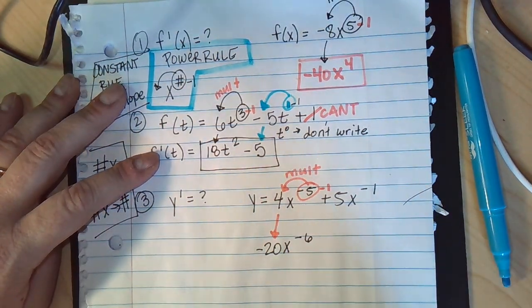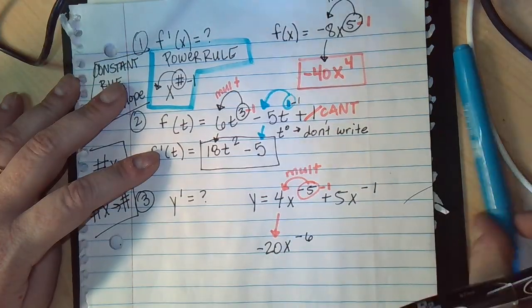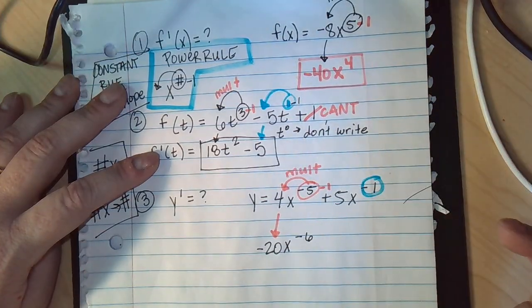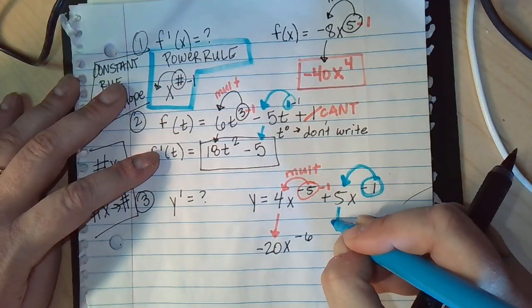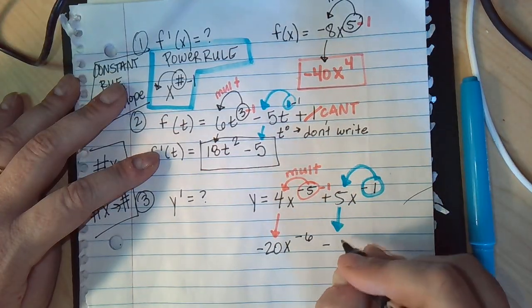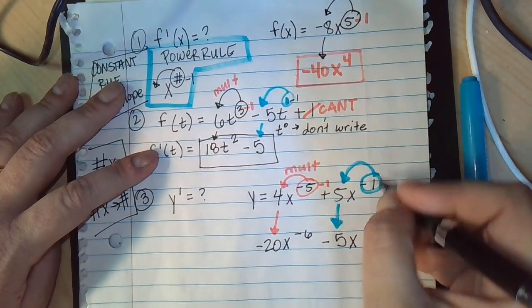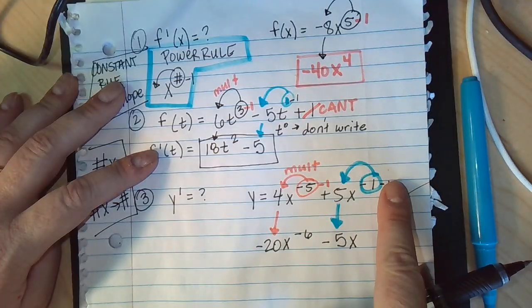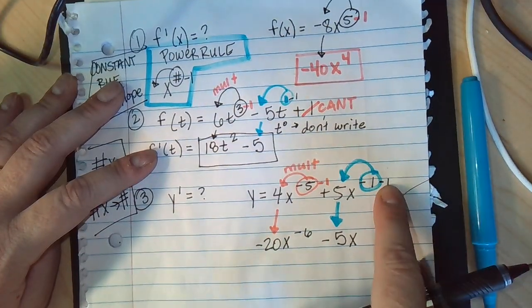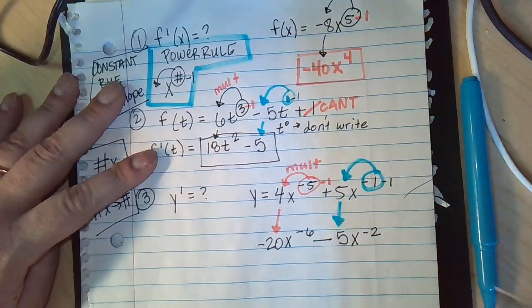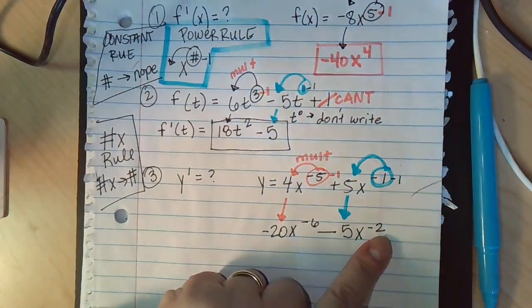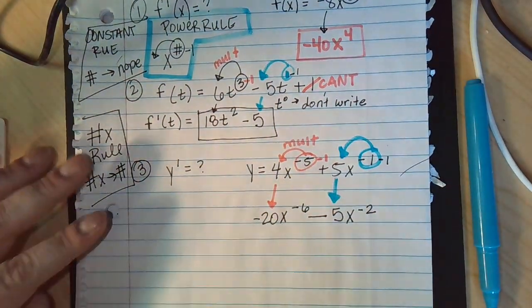It makes negative 6. Then we're going to take that negative 1 from the 5x, multiply it with the 5 in front, and we have minus 5x to the, subtract 1 from the exponent. That does not make 0. When you subtract from a negative, you get an even bigger negative, so we get negative 2.